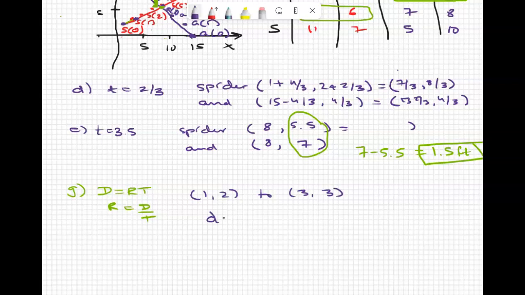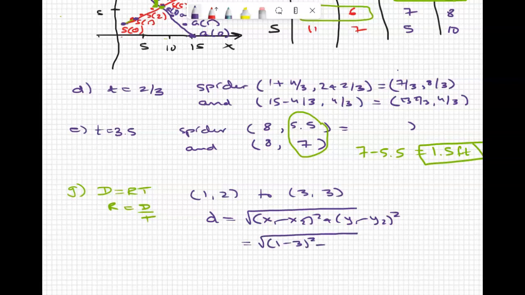So we can figure out this distance with the distance formula. We have x1 minus x2 squared plus y1 minus y2 squared. 1 minus 3 squared plus 2 minus 3 squared. This gives us 2 squared, which is 4, and 1 squared, which is 1. So this is square root of 5 feet in 1 minute.